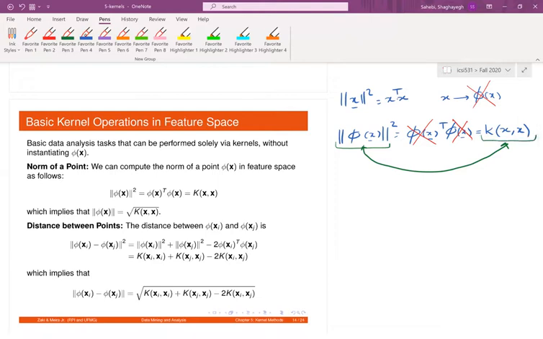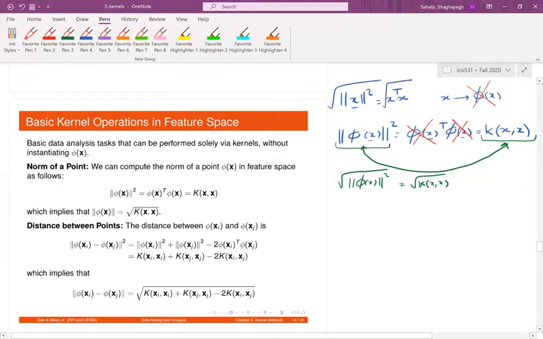So basically the value of the norm is the square root of phi of x transpose phi of x, which is the square root of k of x and x, right? So this is the norm, actually. It's like the square root of x transpose x. So basically, the norm of all of our data points can be calculated only based on the kernel. So that was the first operation that we had.